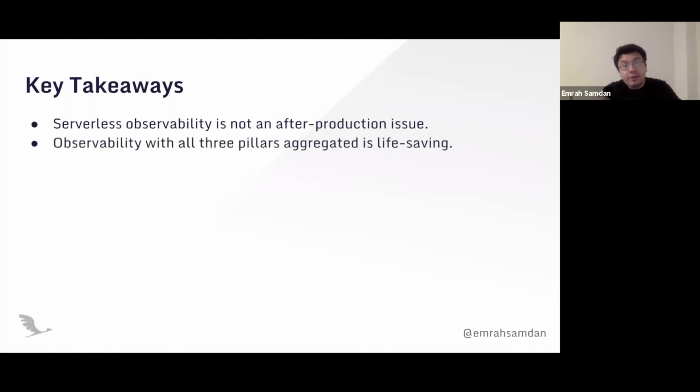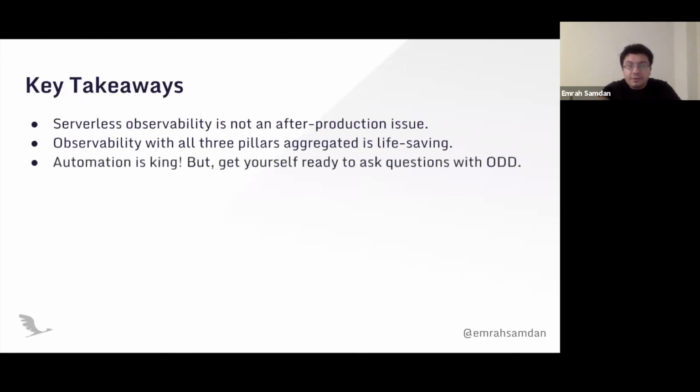Only logs, only metrics, or only traces cannot help. You need all three aggregated together, and this way you can understand what's happening in your architecture. Try to use automated solutions, but be ready that you may need to ask questions yourself, because no tool can understand your application better than you.